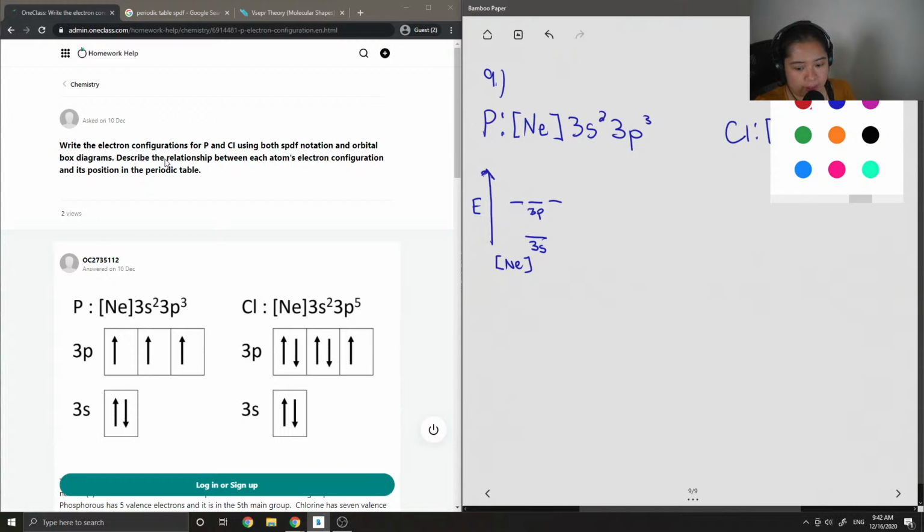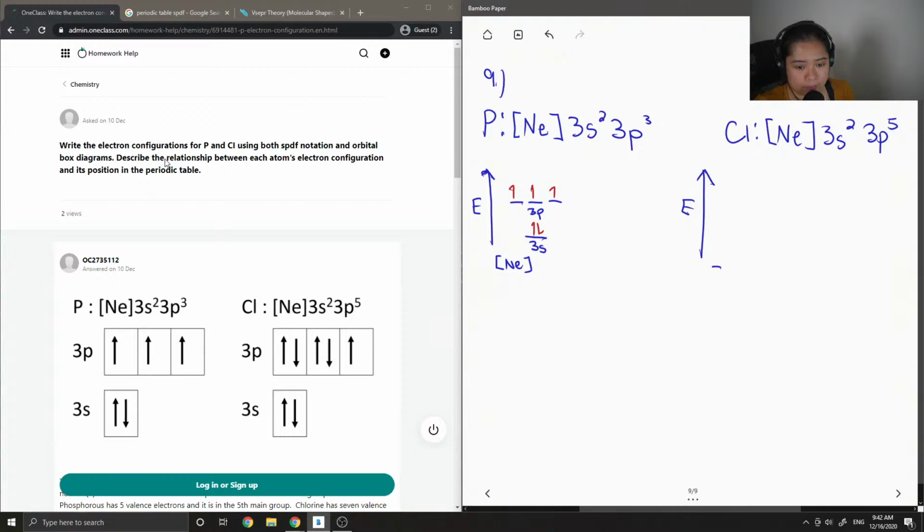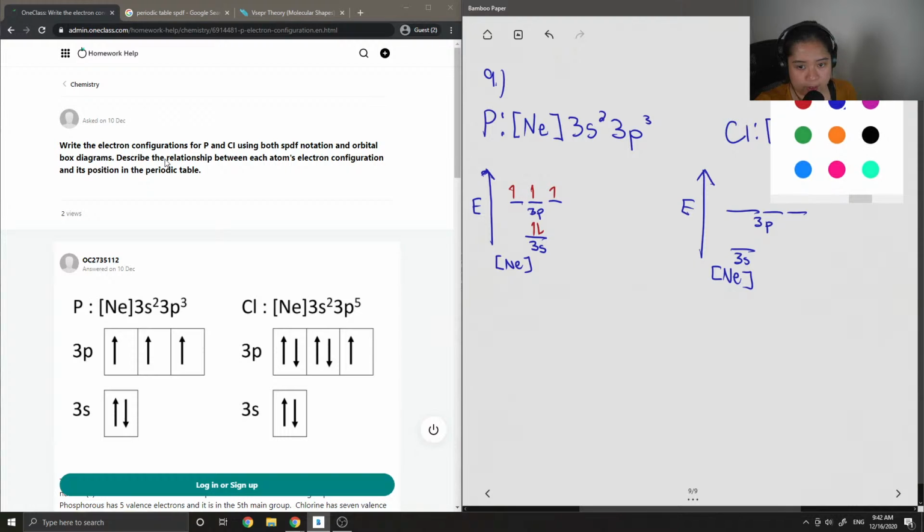And if we were to fill in the electrons, we would have 2 in the s orbital and then 3 in the 3p orbital. And similarly for chlorine, 3s would be down here and 3p would be up there. So there are 2 in the s orbital, and now we have 5 electrons in 3p.